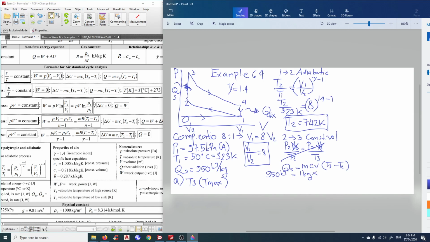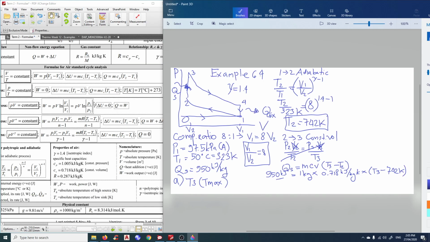Cv of air you can see from the formula sheet, 0.718 kilojoule per kilogram Kelvin. Careful here, this is kilojoule, and that is kilojoule, so the unit is the same. If this is joules, you have to convert it into joules. Multiply by T3, which is what we're after, minus 742 Kelvin, which is T2.